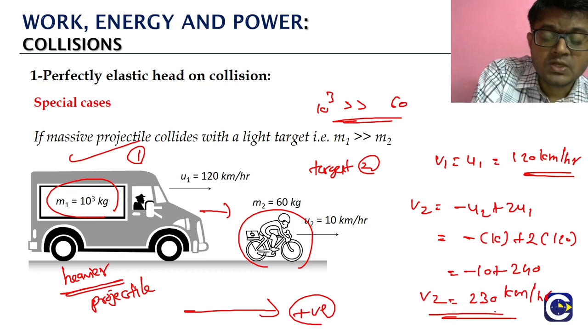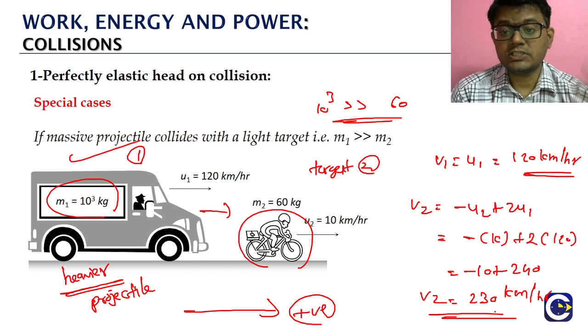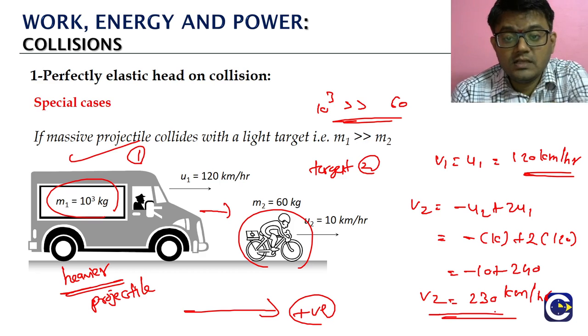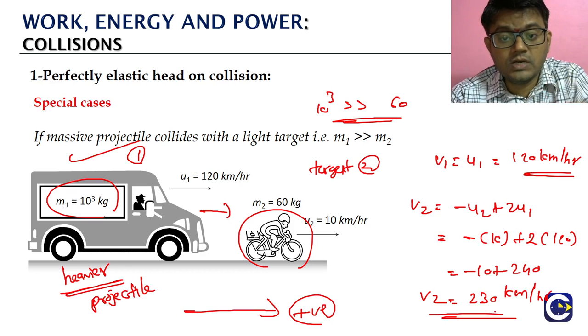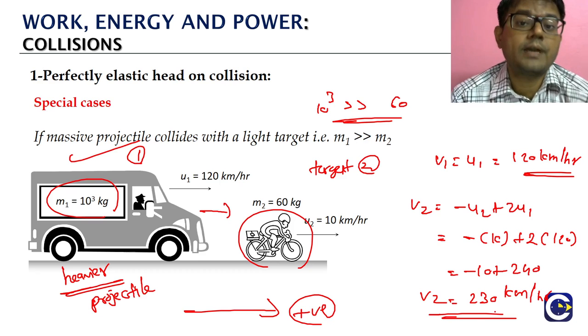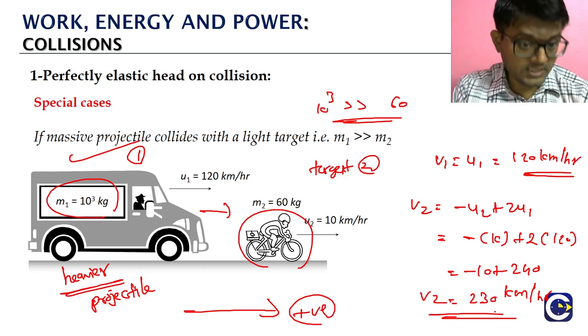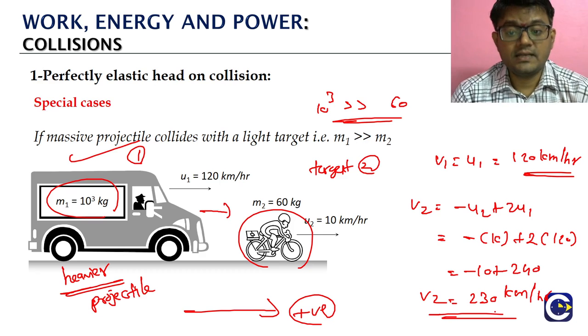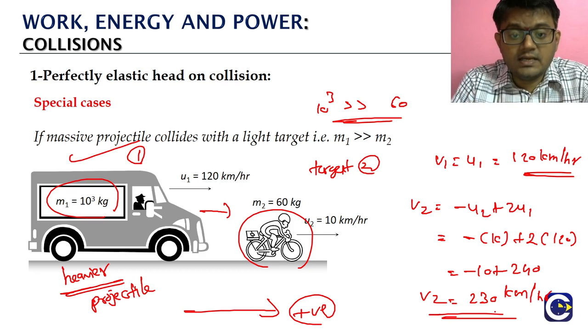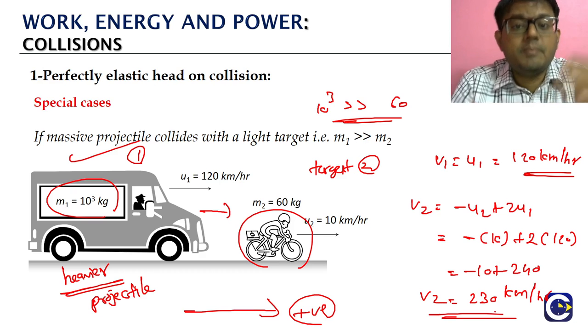So after the collision the truck's velocity does not change, it remains as it is and keeps moving. But the person on the bicycle, after the collision, with what velocity will he move forward? Look, 230 km per hour. So whenever there is an accident, the lighter object will have the maximum impact.